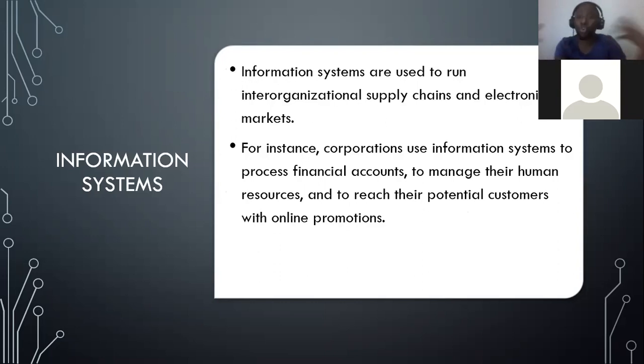Those guys need to communicate, right? Because they need to share the same information. So that is where the information system comes in. The information system is what helps the organization with the supply chain and the electronic market system, right?